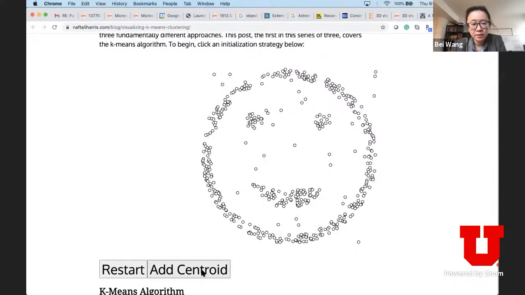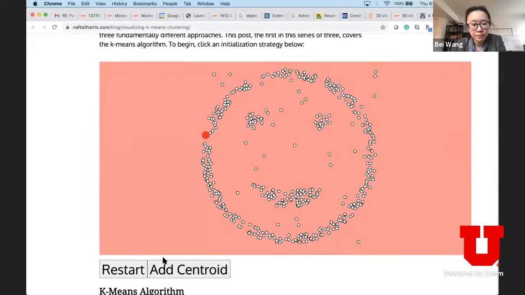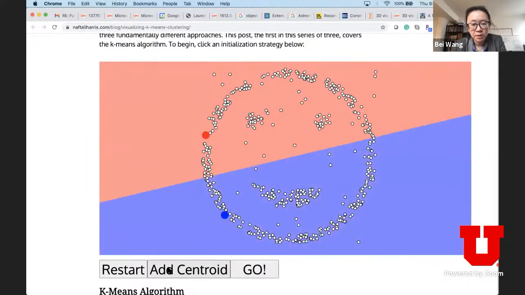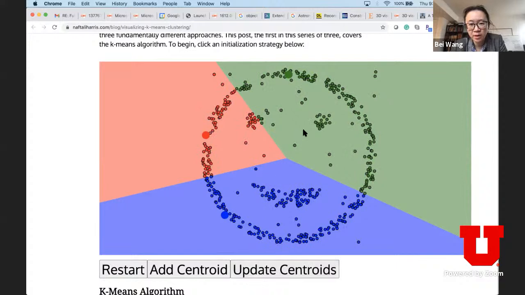Let's say my K is 3. What you do is first choose some random centers, and you assign points to the nearest random center. So now K is equal to 3. All the points close to my initial choice of red point are red, green points are close to the green point, and blue points are close to the blue point.